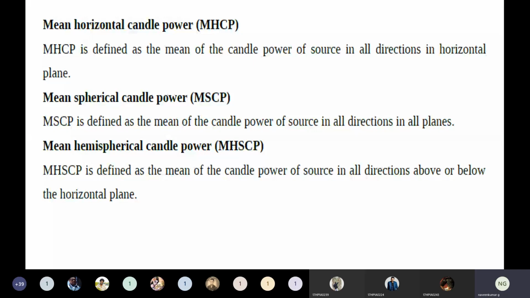Another half, for about 12 hours again, is in dark, so it is not illuminated. So here one side, below the equator and above the equator, you are considering it like above, below, all planes above, all planes below. Similarly the other side, above or below. Okay, only above. So three different definitions: mean hemispherical candle power, mean spherical candle power, mean horizontal candle power.